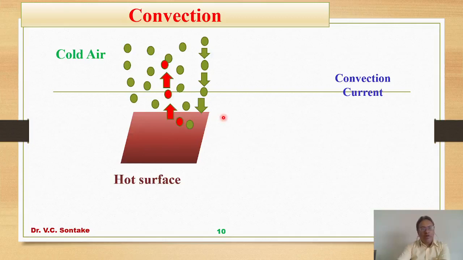Now here, 2 points are worth remembering or observing. Hot air particles are moving in the upward direction, cold air particles are moving in the downward direction. So transportation of fluid is taking place, and the fluid through which heat is being transferred is moving.